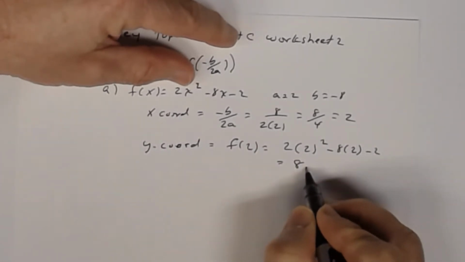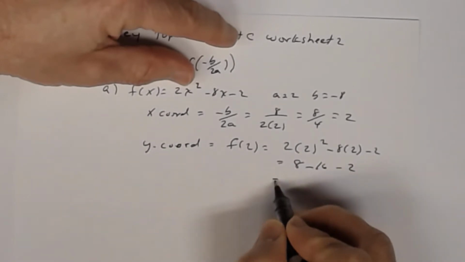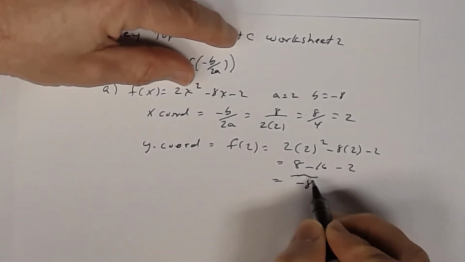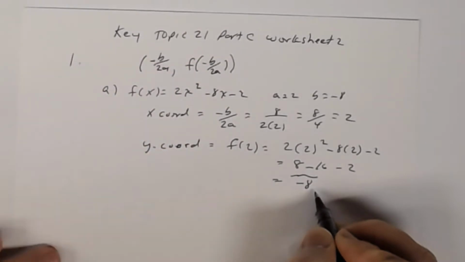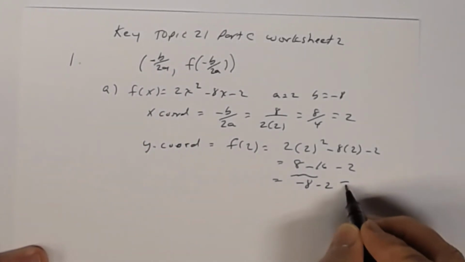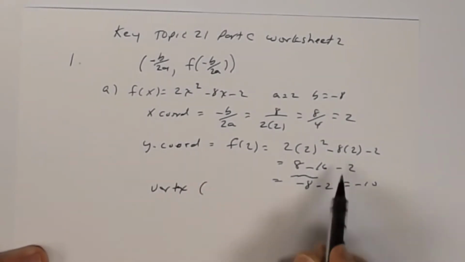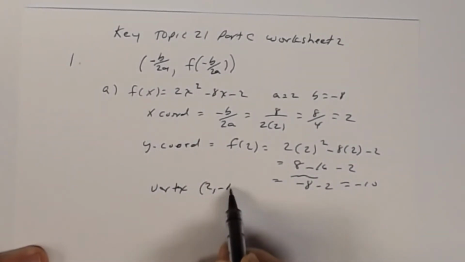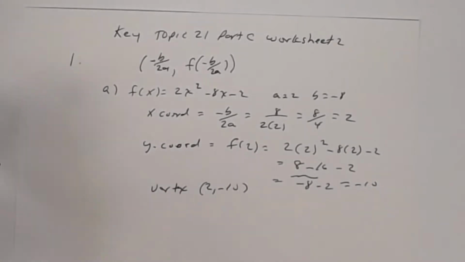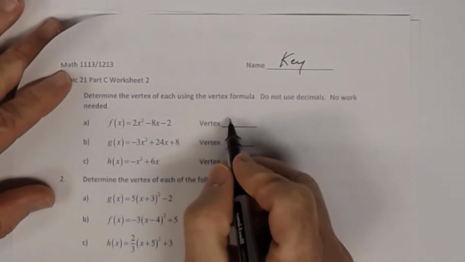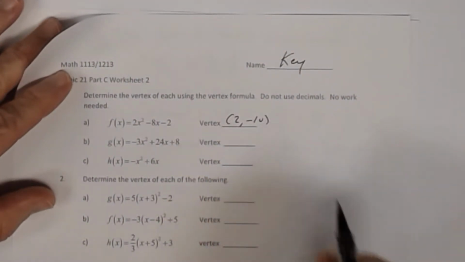Negative 8 minus 2 is a negative 16, and then minus 2. So this becomes a negative 8. 8 and a negative 16 is a negative 8. And a negative 8 and a negative 2 is a negative 10. So your vertex is 2, negative 10. So that's the answer for part A.